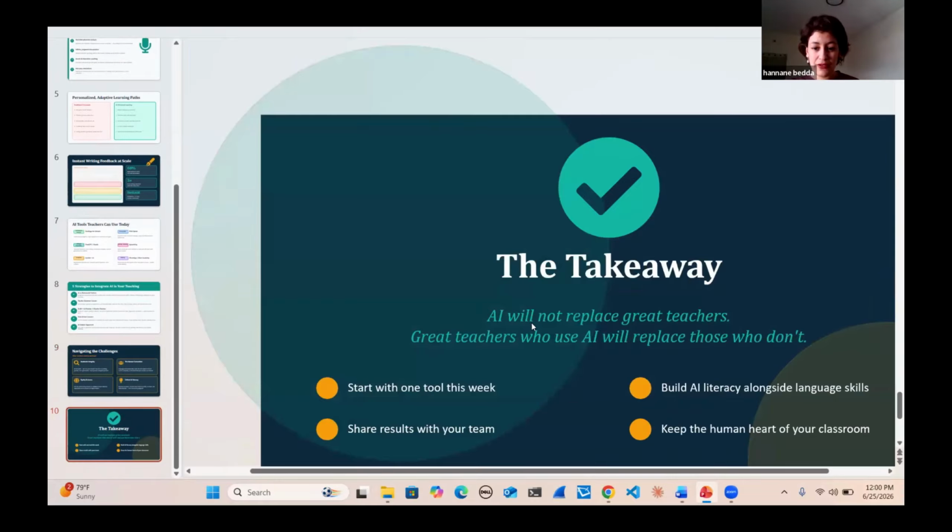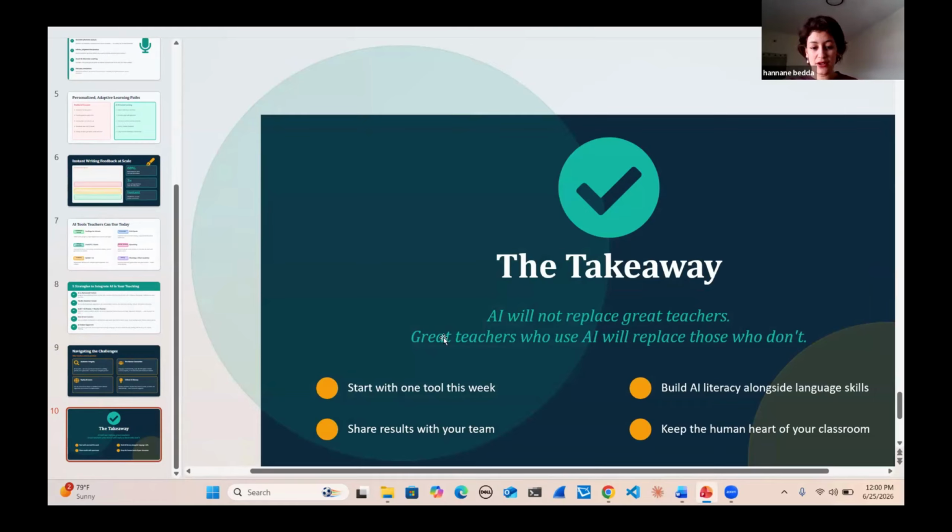So here we have the takeaway. Some people say AI will replace everything. It's going to replace humans and that and that. But AI will not replace great teachers, but great teachers who use AI will replace those who don't.